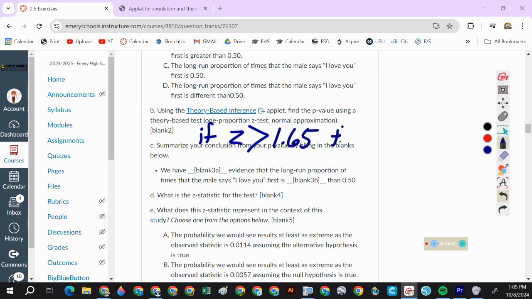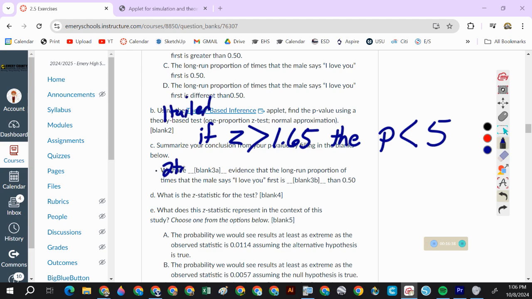That tells us that p is less than 5. So, do we know exactly what the p-value is? No, we don't. But we know it's less than 5. And we know that means reject the null.